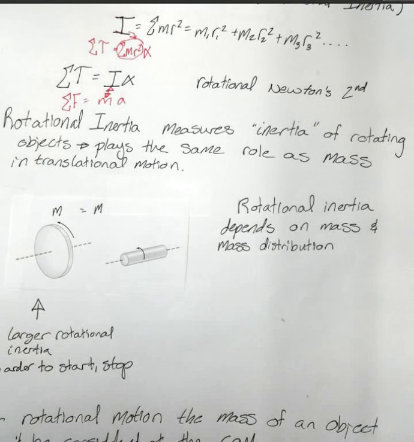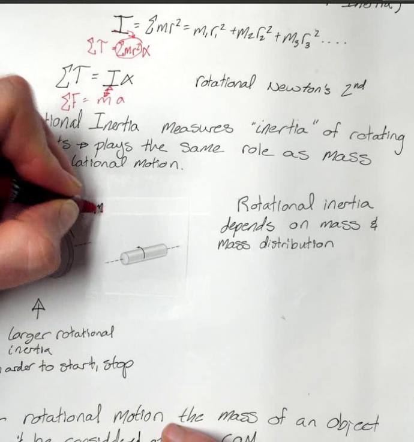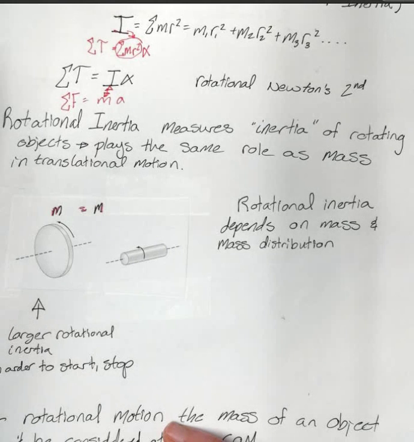So if we had these two cylinders and we said that this cylinder's mass and this cylinder's mass are the same thing, for translational motion, all of their motion would be given as equivalent, right? They would have the same velocity for the same momentum.